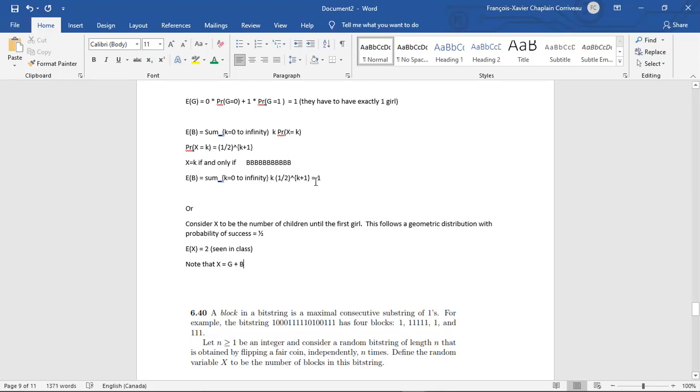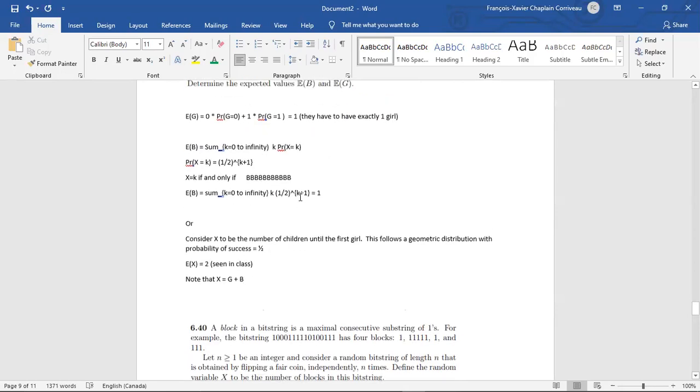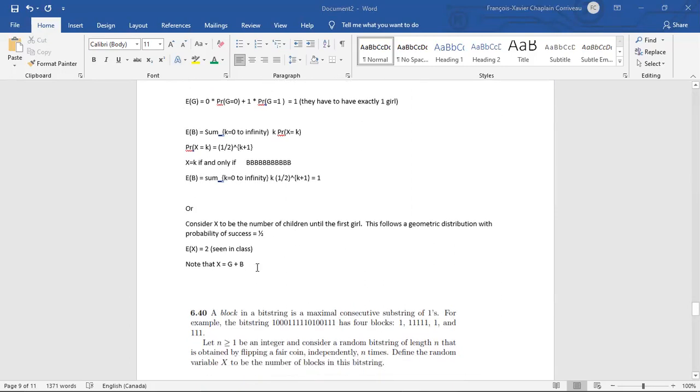So that's why I really brain farted when you gave me 5/2. I was kind of sweating. This is supposed to be 2. So note that this is true, and therefore the expected value of x is equal to the expected value of girls plus the expected value of boys.